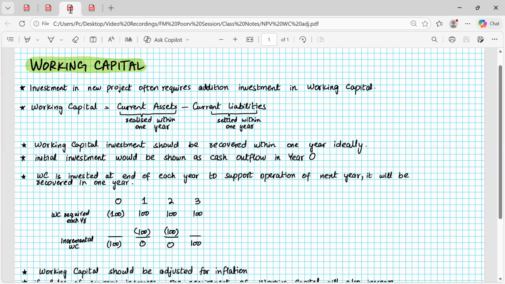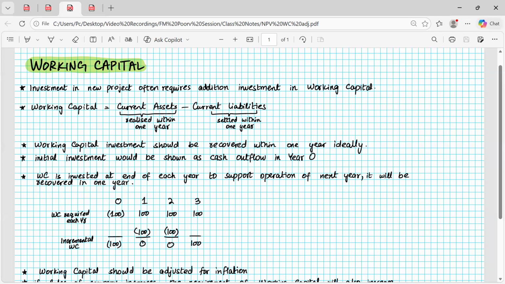Okay, clear? So the next point, this third point, is really important. Working capital investment should be recovered within 1 year, ideally. That's a really important point. When you invest something in working capital, ideally, because everything settles within a year, you should get back your investment as well.